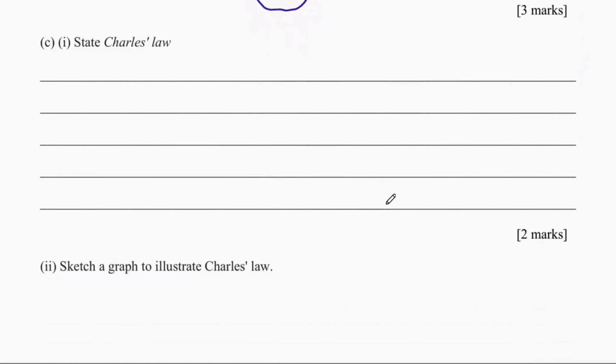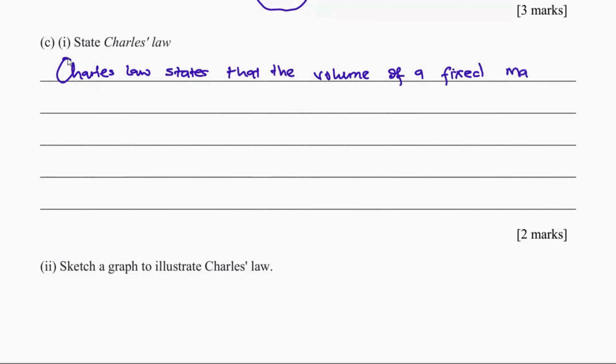Now, the next question says, state Charles' law. Charles' law says that the volume of a fixed mass of gas varies directly with the absolute temperature.